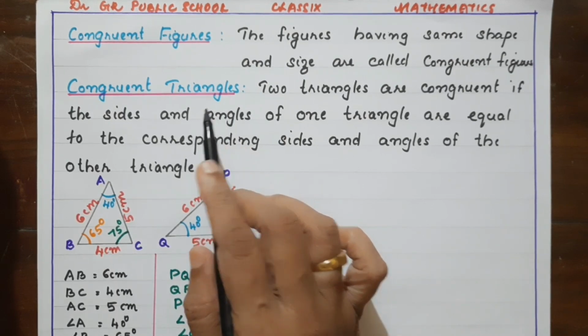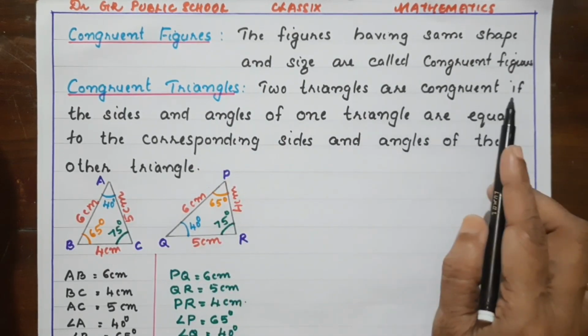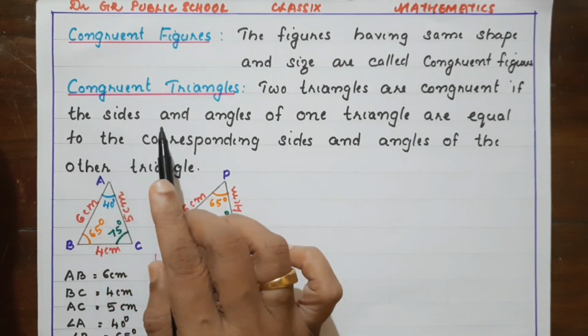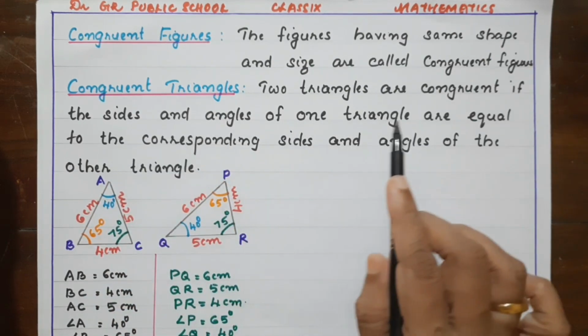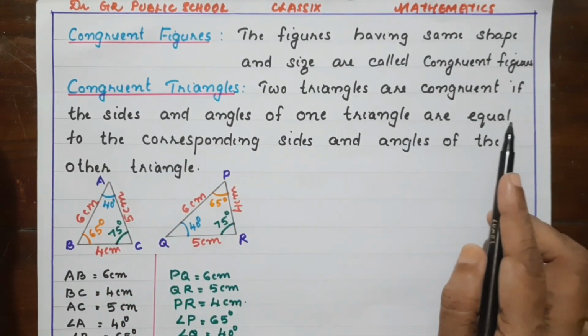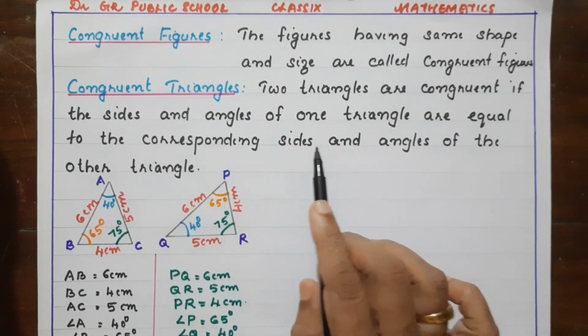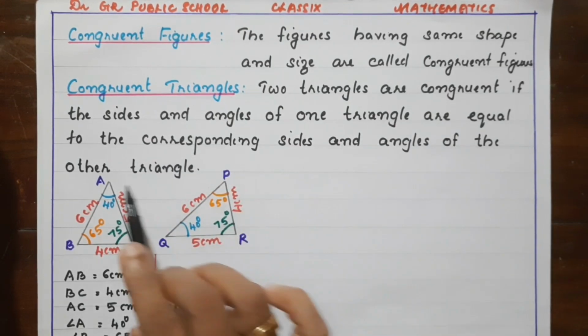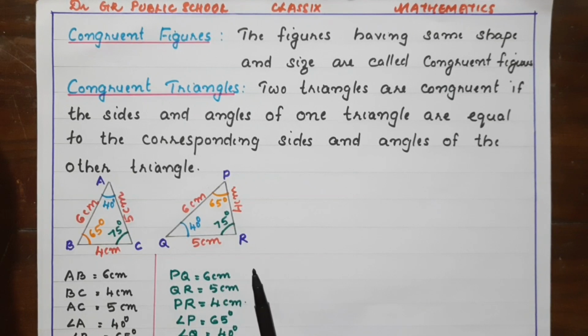We can say that two triangles are congruent if the sides and angles of one triangle are equal to the corresponding sides and angles of the other triangle.